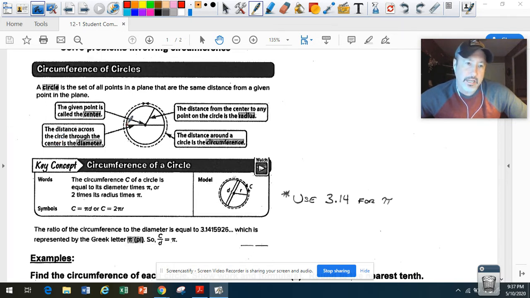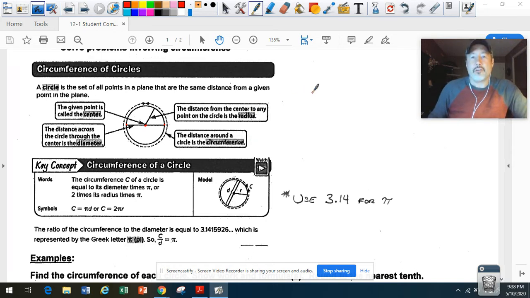So if I take a point right here on this edge, and I go through the center, here's our center here, and all the way across to the other edge, this is the diameter. This long line going all the way across from one edge point through the center to the other edge point, making a straight line, is known as the diameter. And the distance around the circle, that's this dotted line going all the way around the circle here, is known as the circumference.